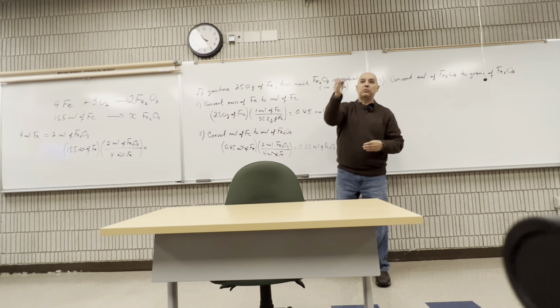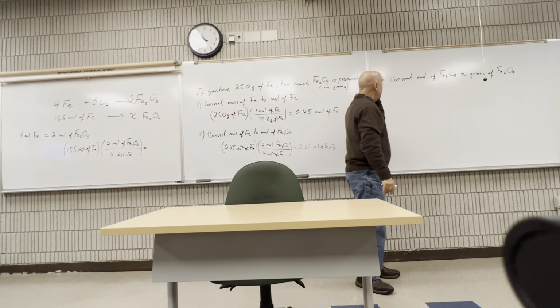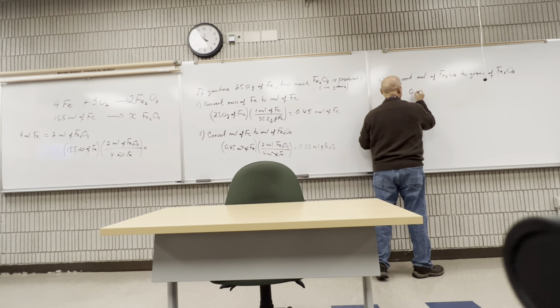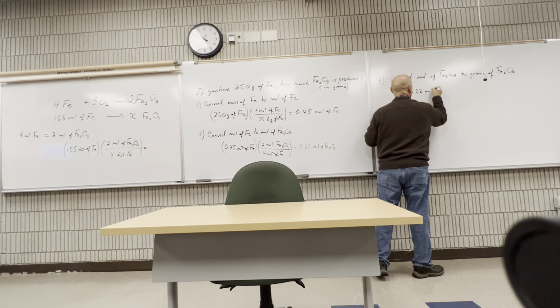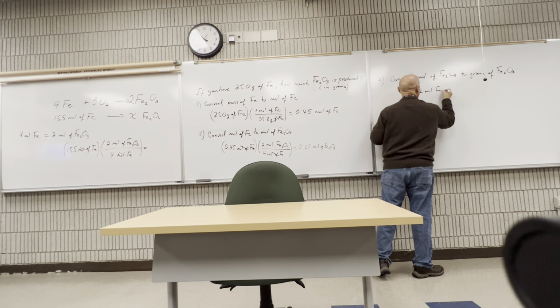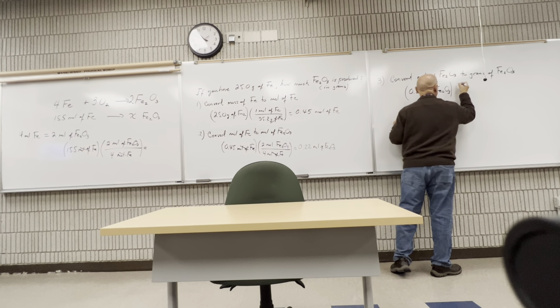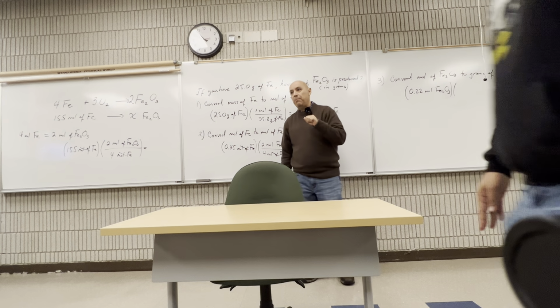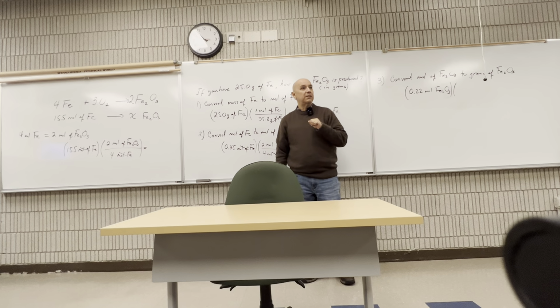Grams to moles, moles to grams. All right, so how do we do that? We have the answer here, 0.22 mole Fe2O3. We need to convert it, multiply by a conversion factor that is going to come from the molar mass.